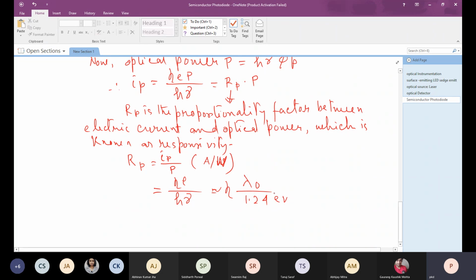This 1.24 electron volt corresponds to the band gap energy of the device, and lambda 0 is in micrometer.